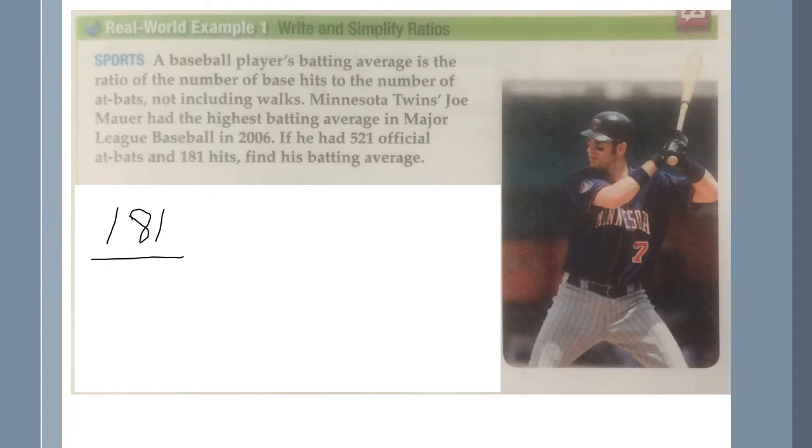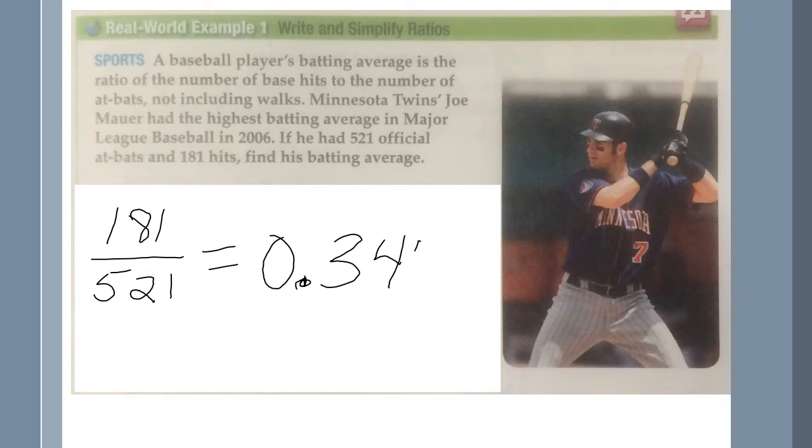So we take out the handy dandy calculator and we divide, and we're going to round it. They round to 3 decimal places. So his batting average would be 0.347. The fourth place is a 4, so we're going to round it down, 0.347.